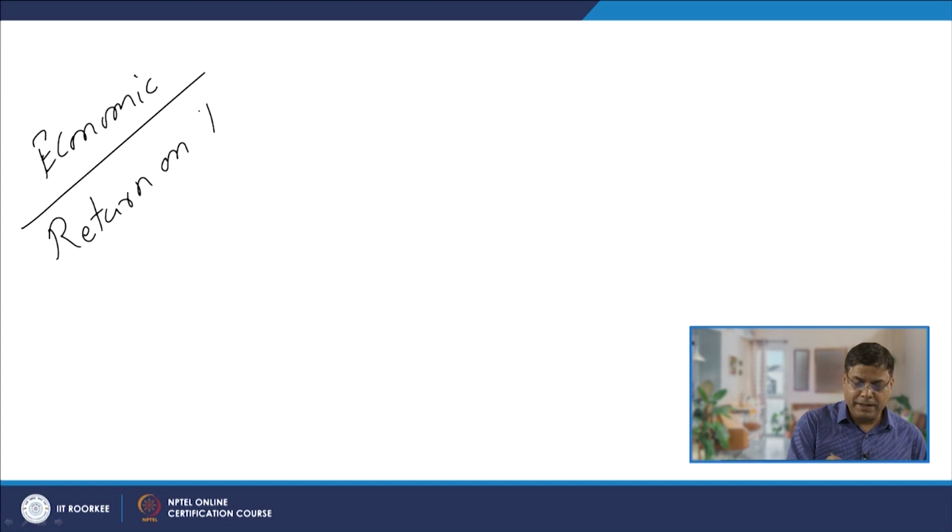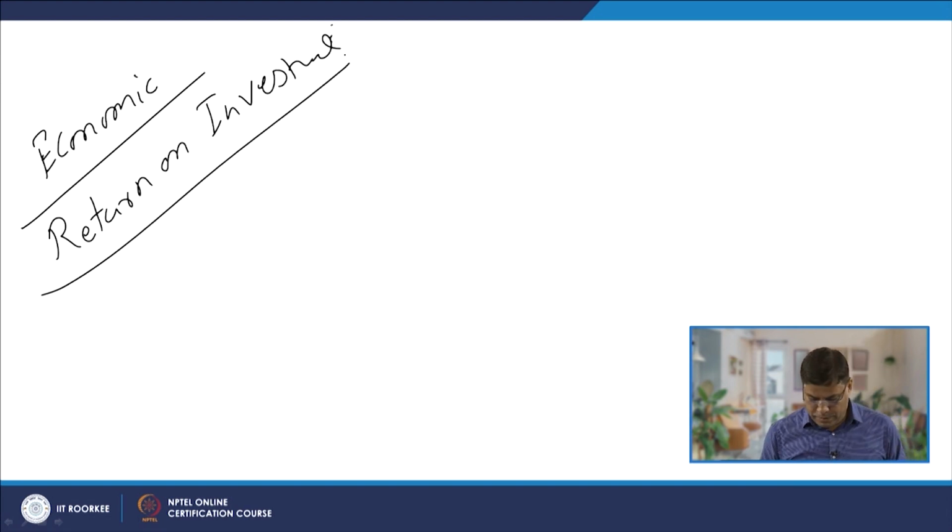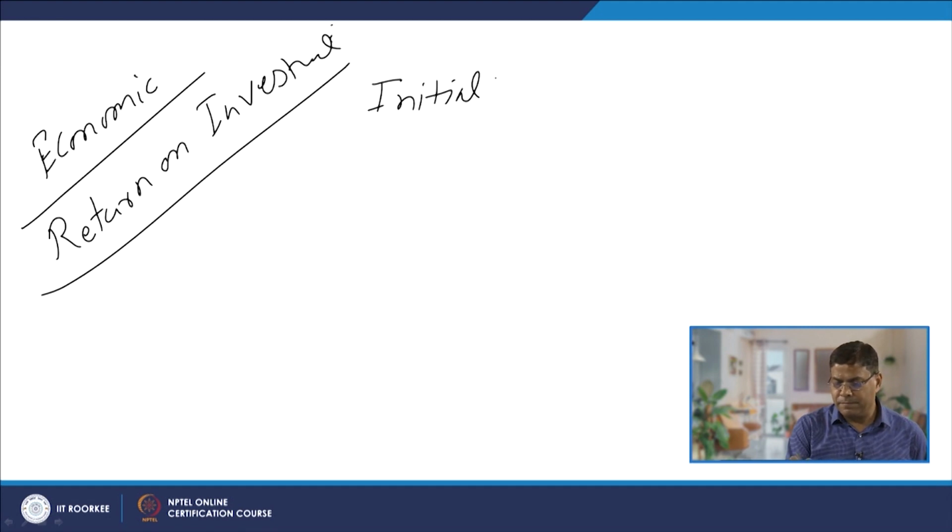Now, another method is completely based on economics, that is about the return on investment, that is ROI. What it assumes is that some initial investment is to be made.